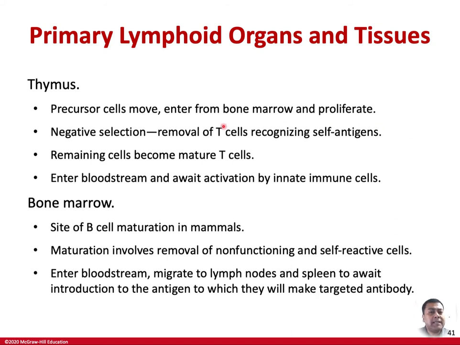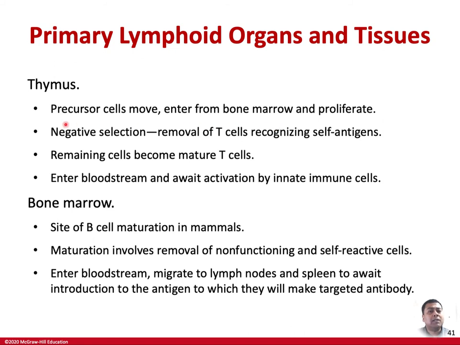Once these cells are in the thymus, they undergo negative selection. What happens there? If any of these precursor T cells react with any self-antigen, immediately they will be deleted or killed, so that no T cells are selected that react with our own proteins or self-antigens.